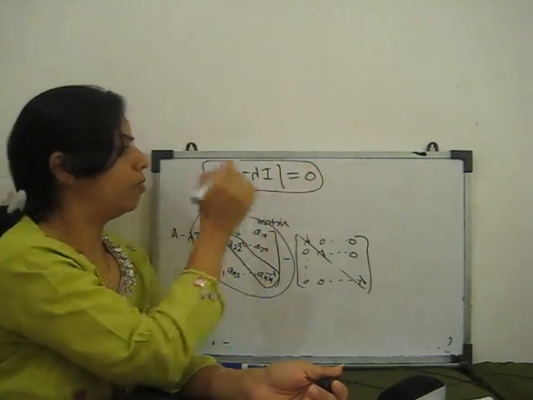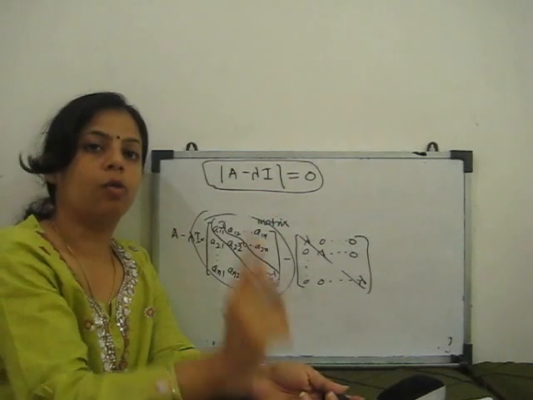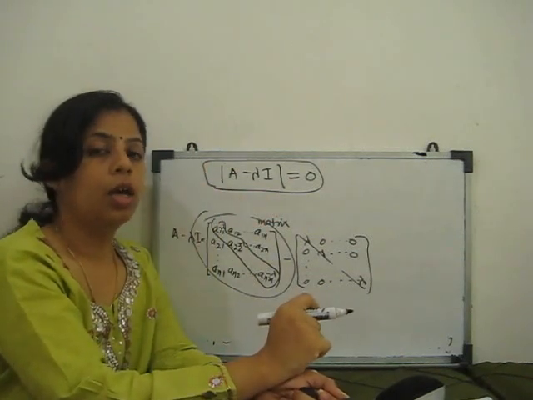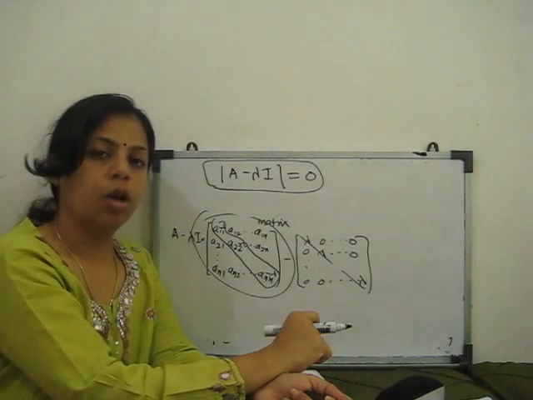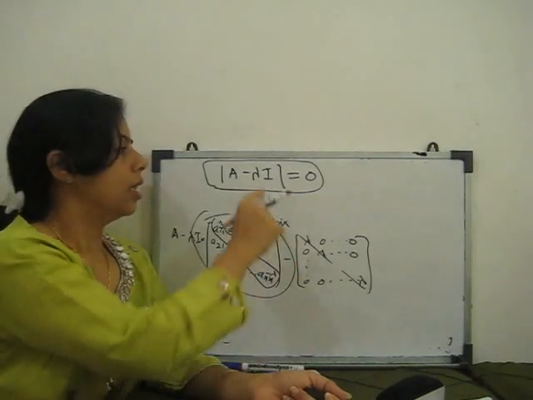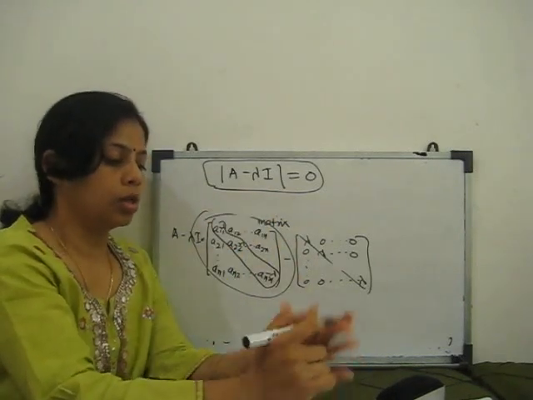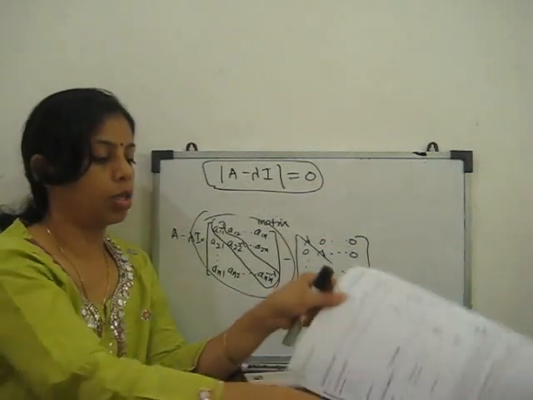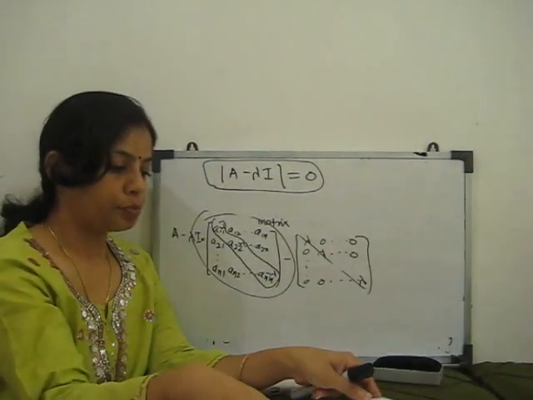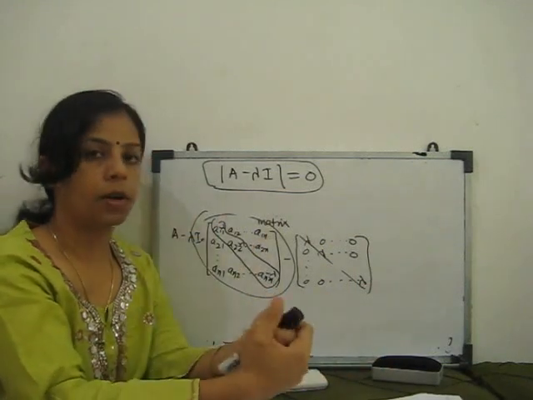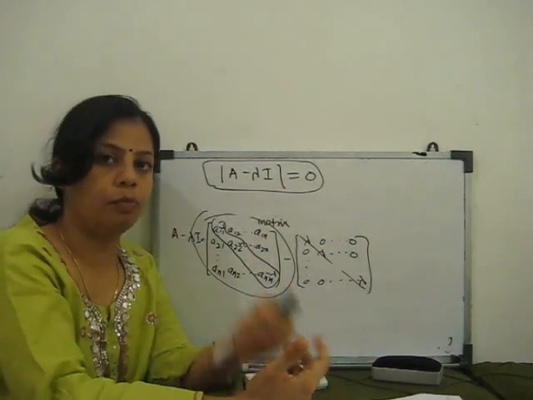With the help of this, we find an equation in lambda. When we solve that equation and find the roots, it gives the corresponding values of lambda. Similarly, eigenvalues have some vectors also.